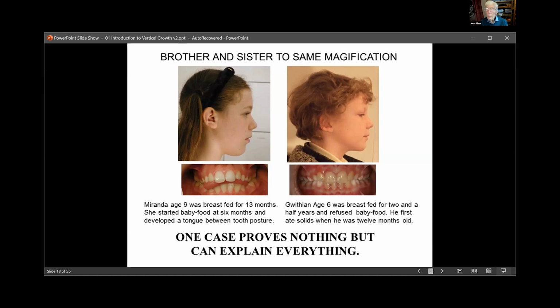Now, her mother used to bring her in with her brother. Her brother sat in the waiting room while I treated the sister. And I noticed his face looked really very good. So I said to his mother, why do you think he is good looking and your daughter has a problem?